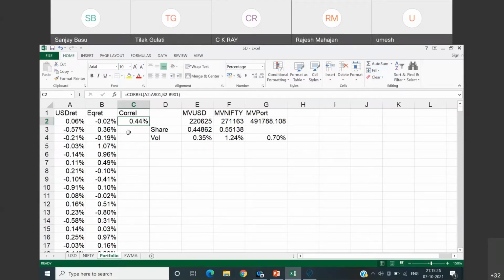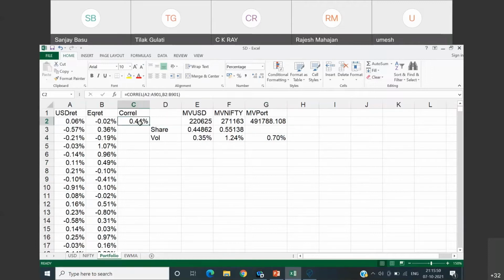Because they move in opposite directions, a loss on one is offset by a gain on the other. So that is captured. So the overall portfolio volatility is muted, or controlled by the correlation.